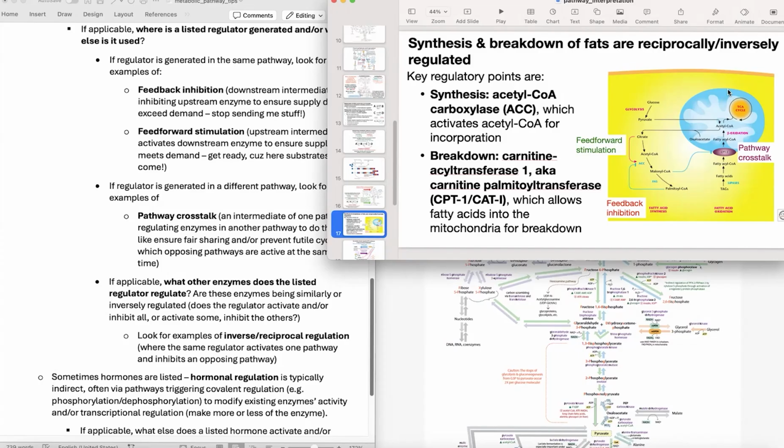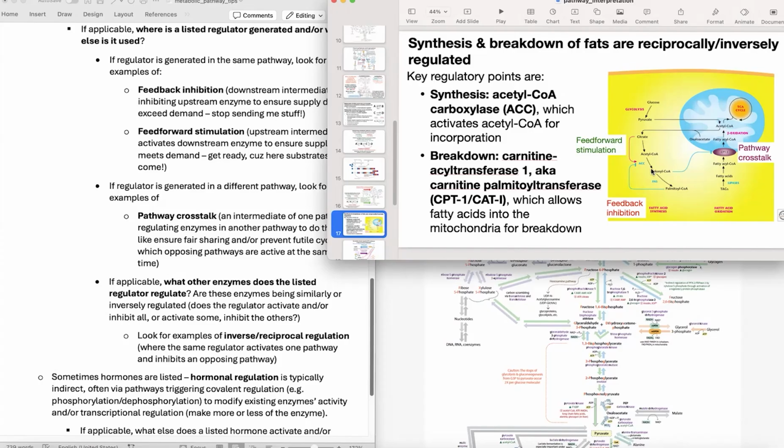During the synthesis, you have this key regulatory point, this acetyl-CoA carboxylase, this ACC. It activates the acetyl-CoA for incorporation by adding a carbon group to make malonyl-CoA. The key regulatory point of the breakdown is going to be the CPT1 or this CAT1, which makes it so that the fatty acid can actually enter the mitochondria to undergo the beta oxidation and get broken down.